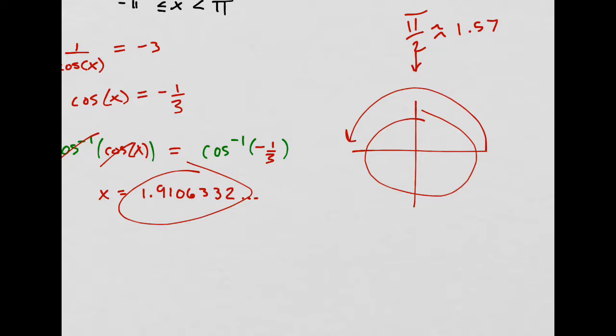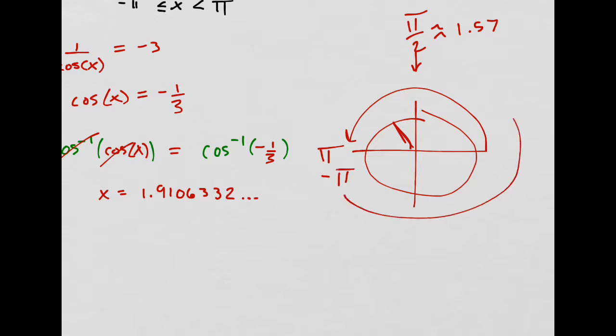So this is bigger than 1.57, which means it lands somewhere over there. So remember, this is pi, and we're thinking about from negative pi all the way until pi. So there's another spot where this works.